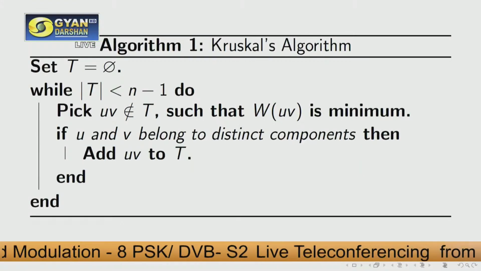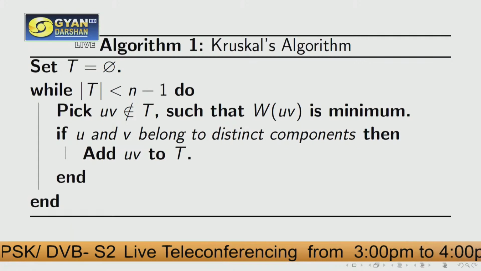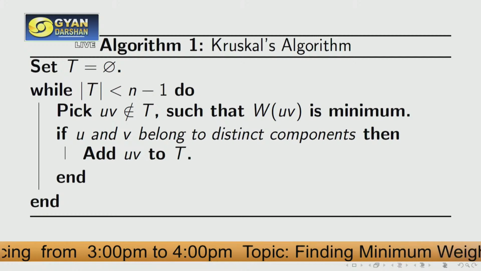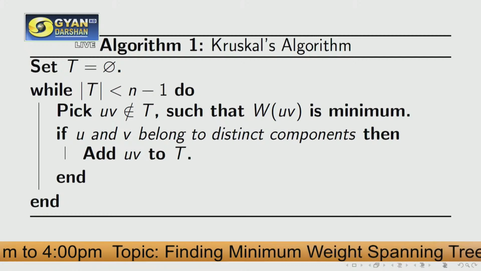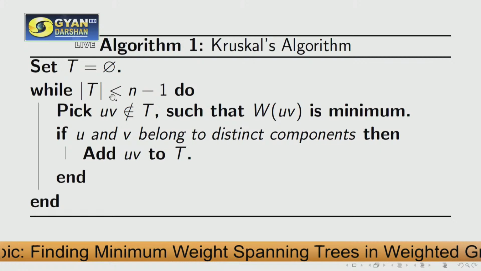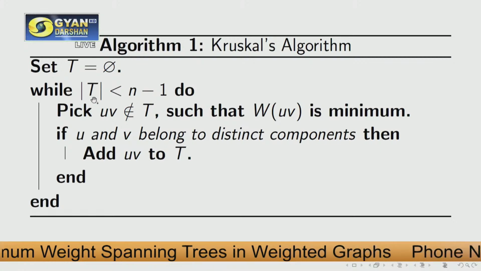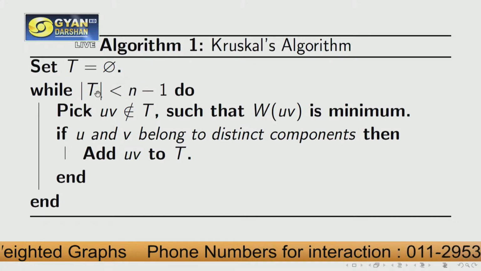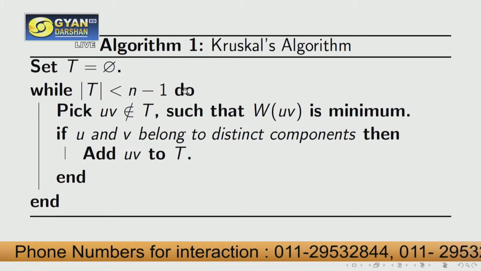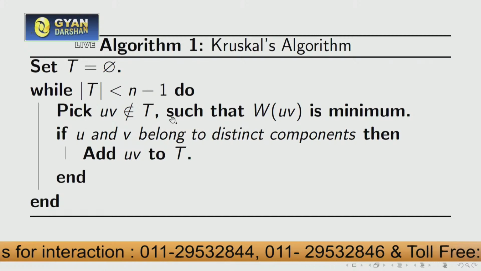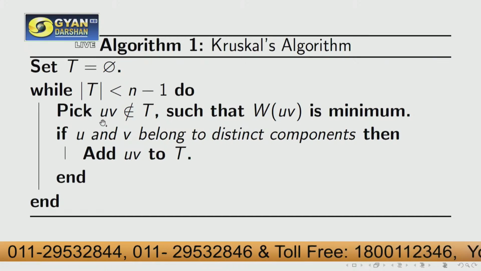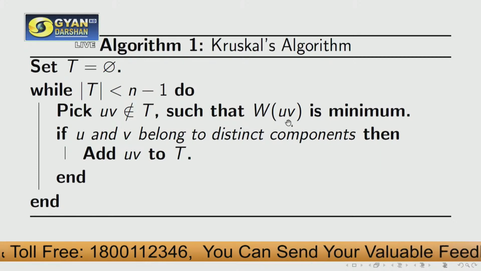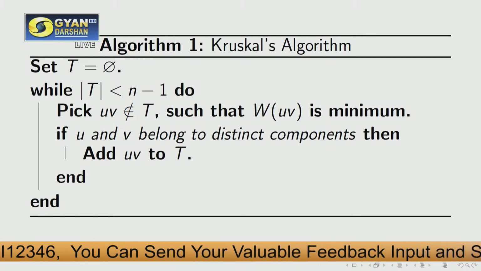So the algorithm takes a graph G as input. Initially, we take a set T which is empty, and there is a while loop. This runs as long as T has fewer than n-1 elements, where n is the number of vertices in the input graph. Now at each step we perform some statements: pick an edge UV which is not in T such that the weight of UV is minimum.